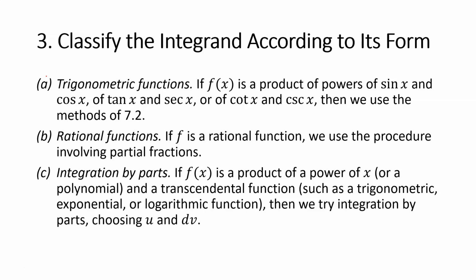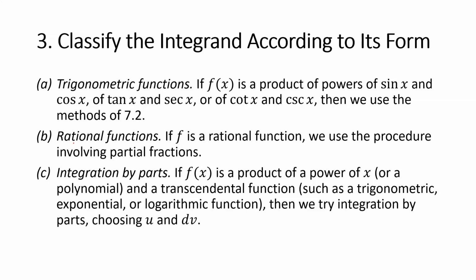Those are kind of the basic strategies that we had in section 7.2, where we used certain identities to manipulate the integral in certain cases. When we have rational functions, we can think about the partial fractions that we did in 7.4. If we notice there's a product in our integral, then we can think about using integration by parts.